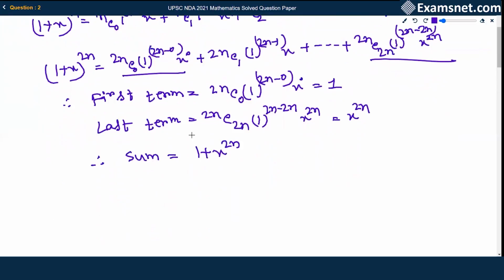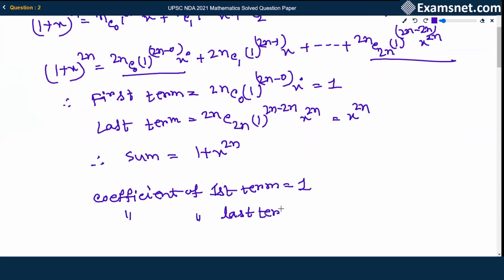Now, what is the coefficient of the first term? The coefficient of the first term is 1 because only 1 is there, and for the last term, only x to the power 2n is there.